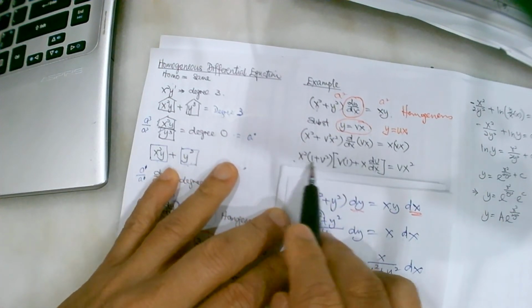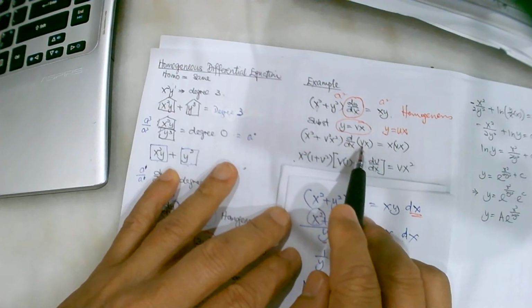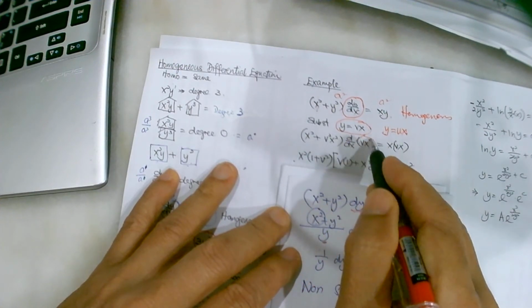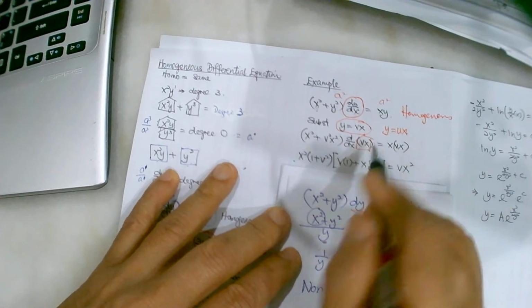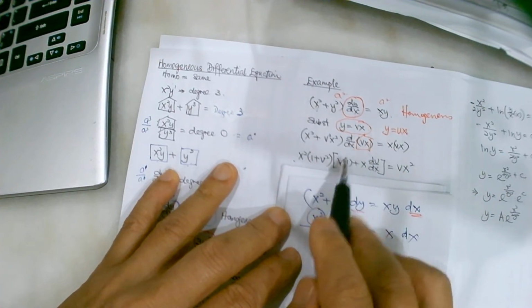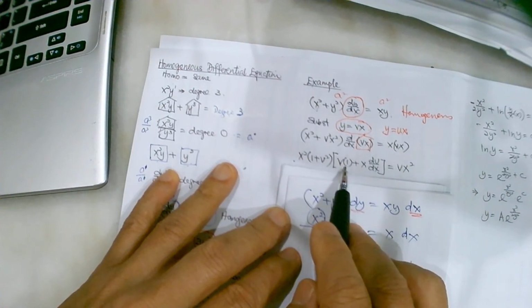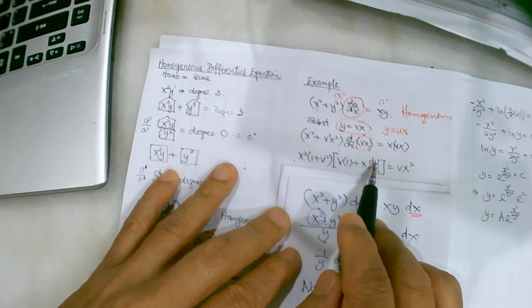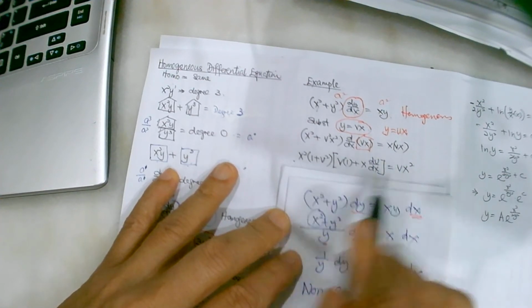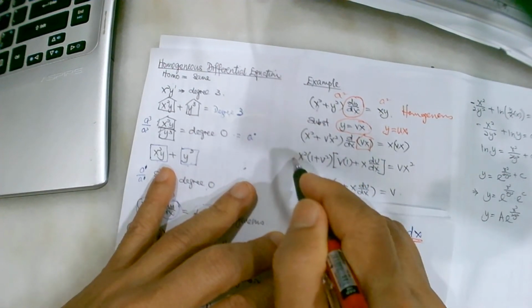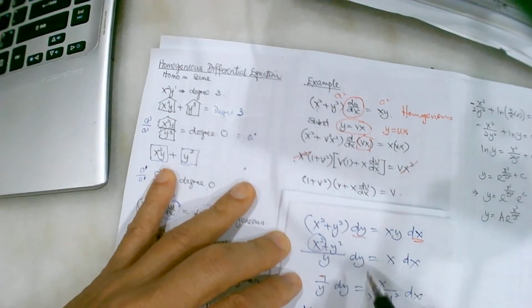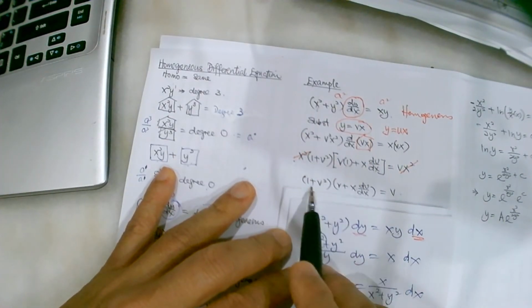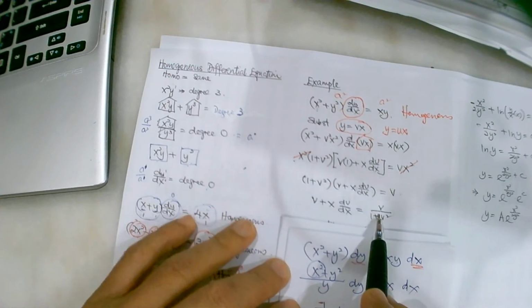Then I have to differentiate this. When I differentiate this, here you see I have 2 persons here, so they are going to the toilet, they have to take turns. So v, I differentiate the x, I get 1. Then x, I differentiate it, dv dx, then here I get this. Then this x squared, I can cancel. Then I bring this one over, I get this.